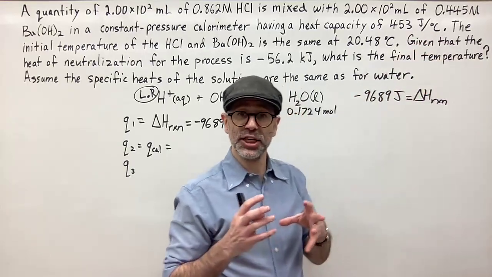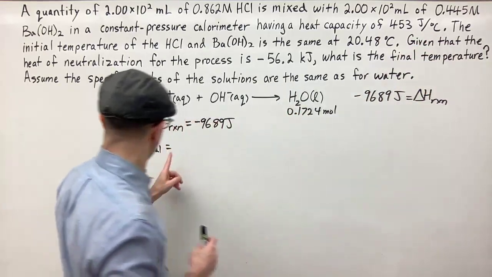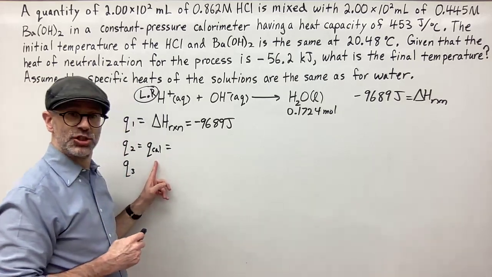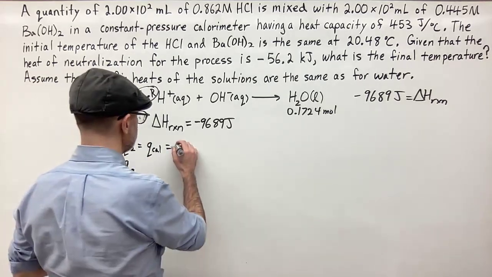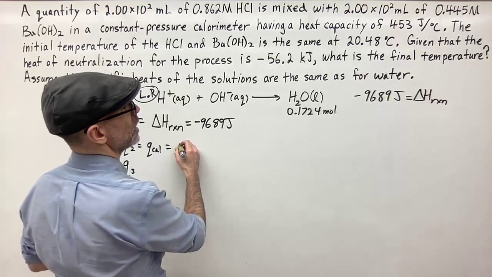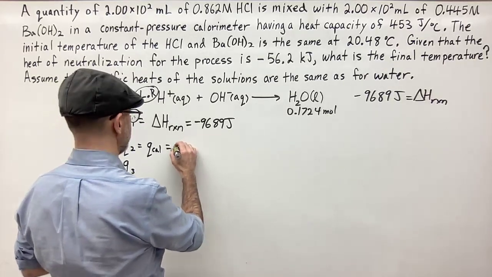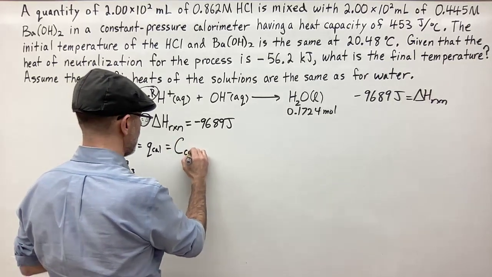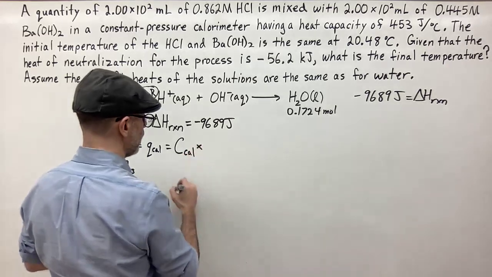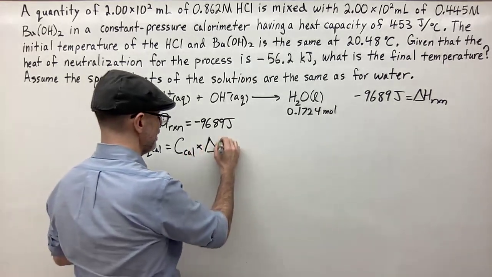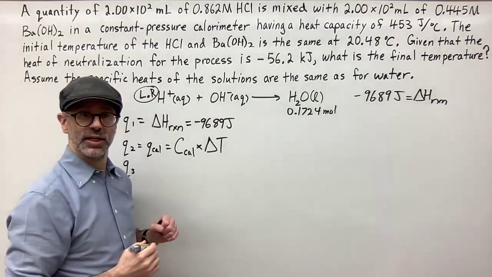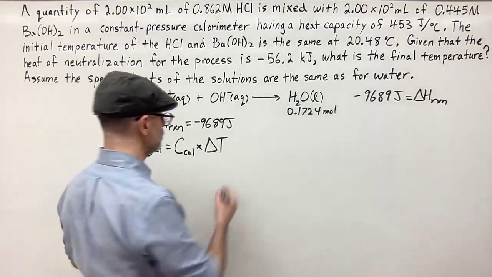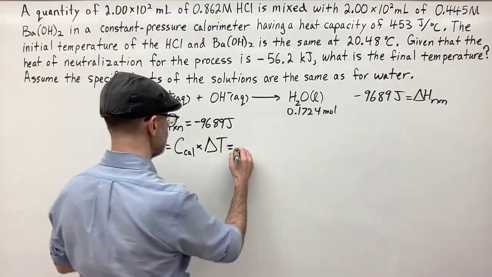So the equation that we want to use for Q here, in order to get our joules, is going to have to be the specific heat of the calorimeter, right? So we'll say C of the calorimeter multiplied by delta T of the calorimeter.